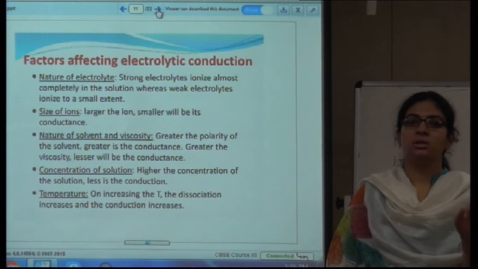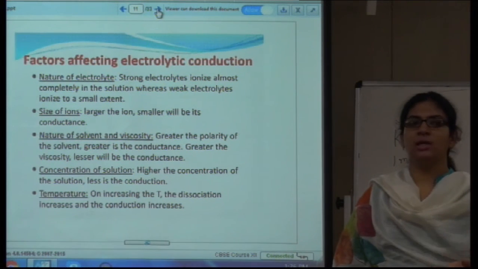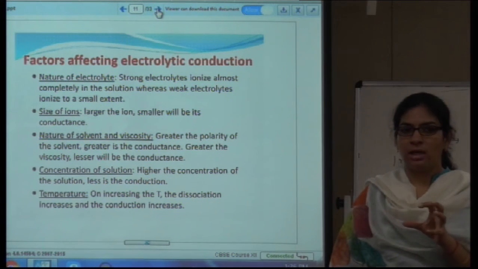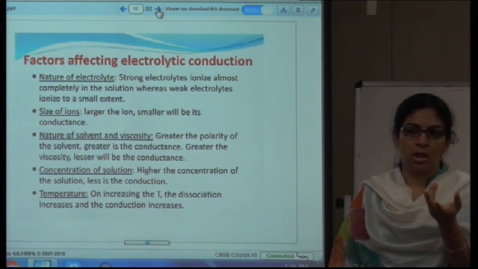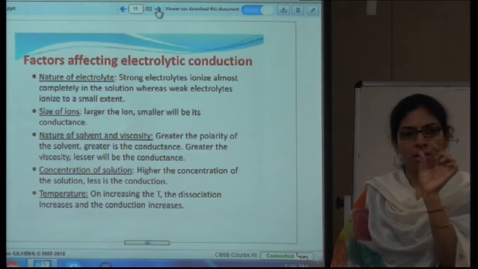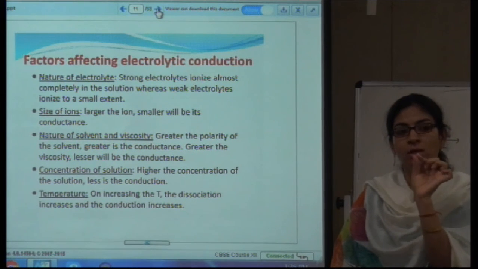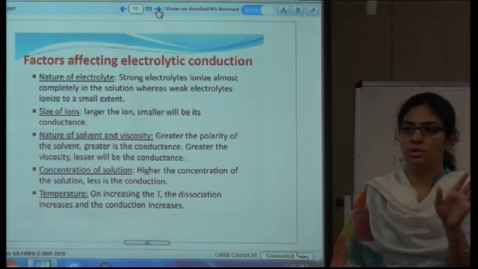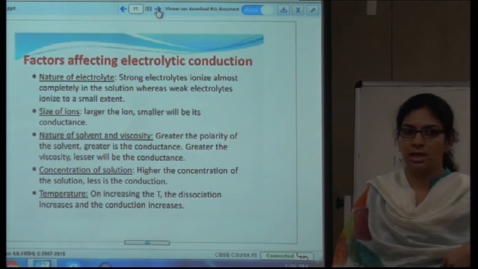No, because in any book, any table, you'll find various substances conduct electricity to different extents. Even simple water splits into H plus ion and OH minus ion, but the value of kappa or conductance that you get is very, very less, because the dissociation of water at normal room temperature is very, very less. It is a poor electrolyte, you can say a weak electrolyte.